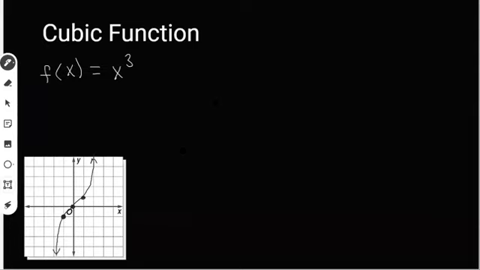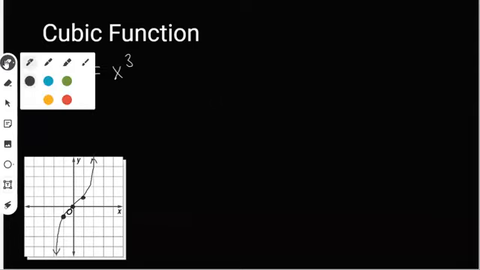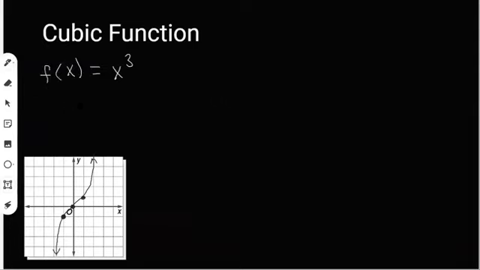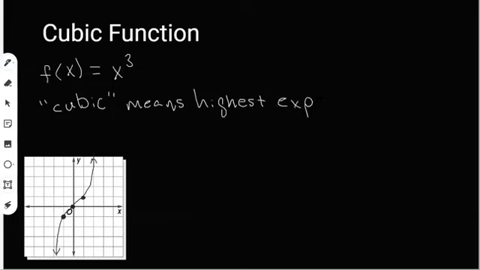Good. So that's the cubic function. That's how you graph that. Cubic means the highest exponent is 3. And that's all I'll say about that.